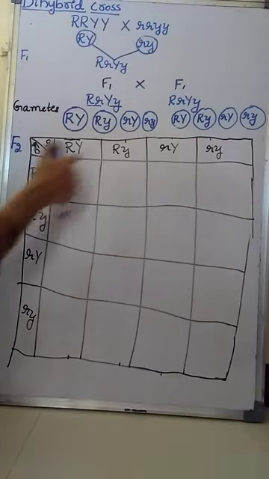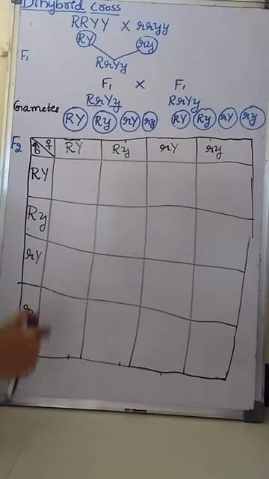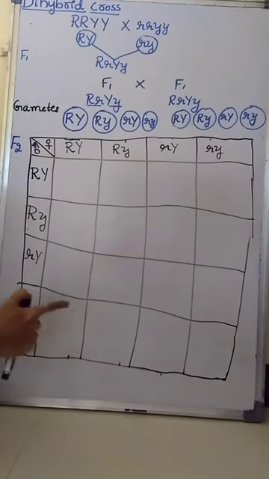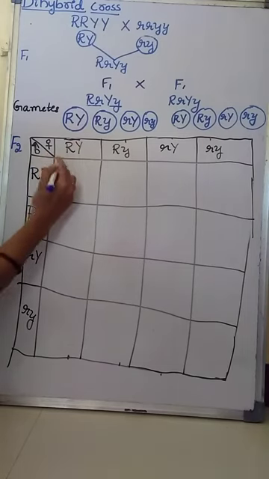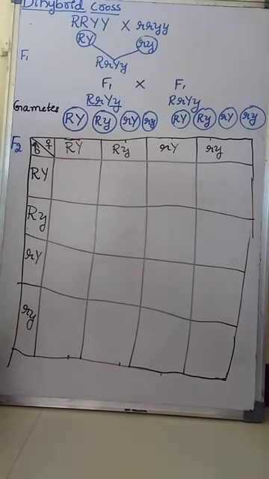Now we have to fuse these gametes, fertilization or fusion of these gametes. While fusing these gametes, we have to be very careful. First we will take these two, and the genes or alleles which represent the same character should be written together. For our convenience, we write the alleles which represent a single character together.